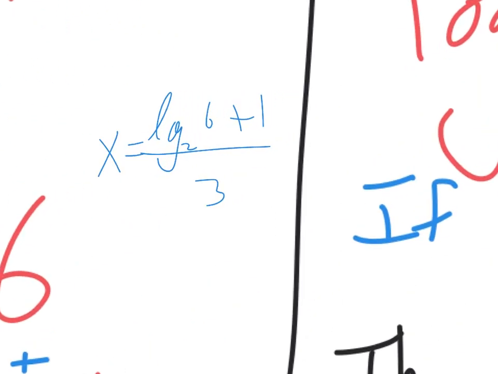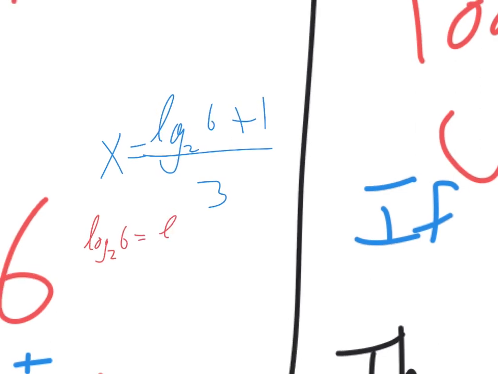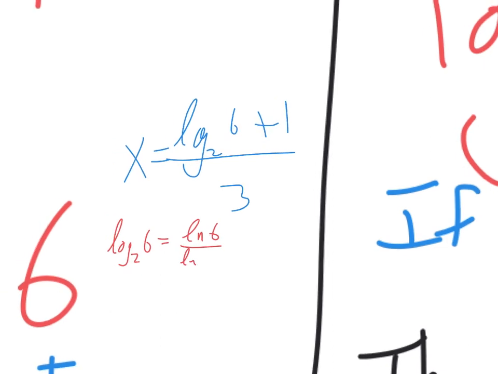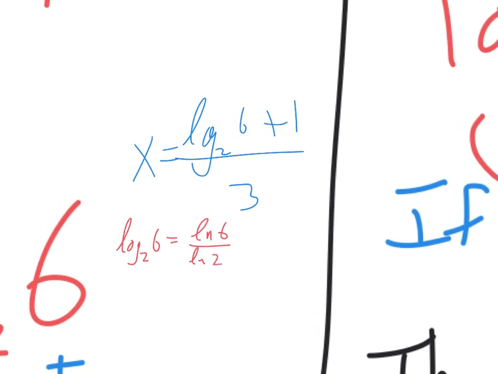Well, how do we solve that? We can take the log base 2 of 6 and plug that into a calculator, but we have to use a change of base formula. Log base 2 of 6 is the same as the natural log of 6 over the natural log of 2. That's not 6 divided by 2.